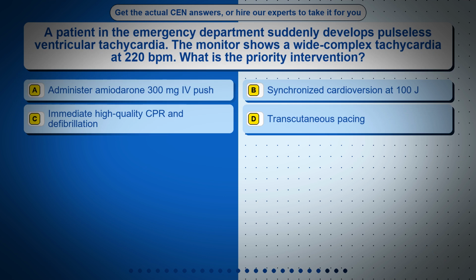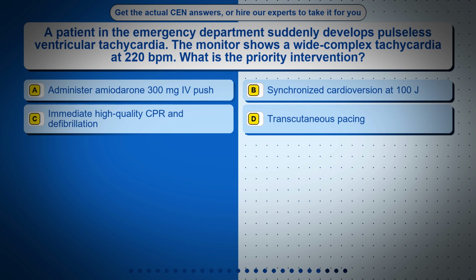Question 22. A patient in the emergency department suddenly develops pulseless ventricular tachycardia. The monitor shows a wide complex tachycardia at 220 bpm. What is the priority intervention? Option A, administer amiodarone 300 mg IV push. Option B, synchronized cardioversion at 100 J. Option C, immediate high-quality CPR and defibrillation.